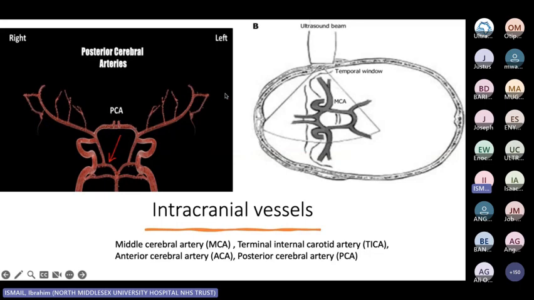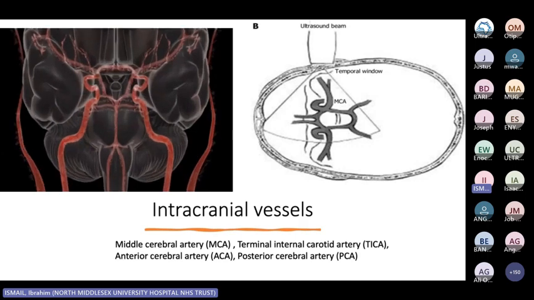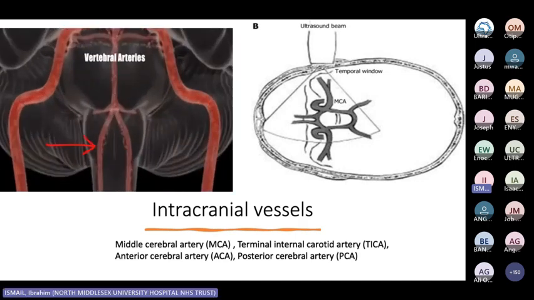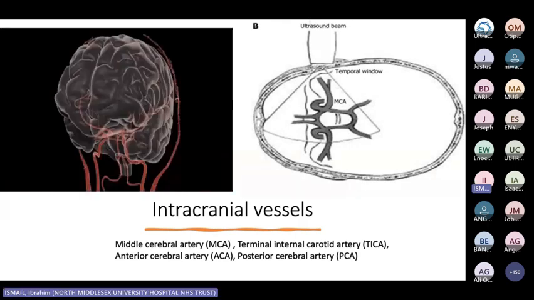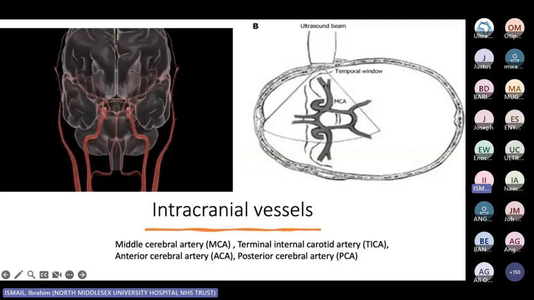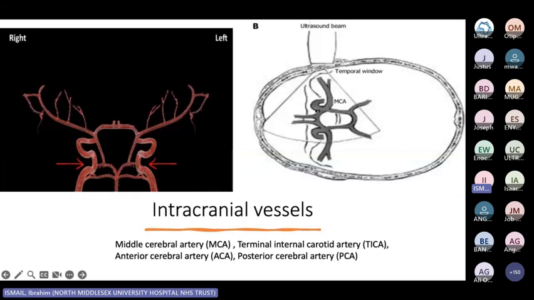You interrogate the middle cerebral artery, increasing and decreasing depth, and then you understand where you are located within the intracranial vessels. From there you can start to interrogate other vessels such as the anterior cerebral artery, posterior cerebral artery, the terminal point of the internal carotid artery.